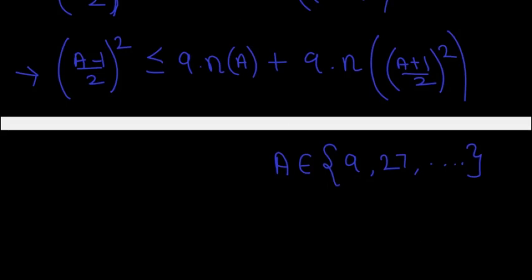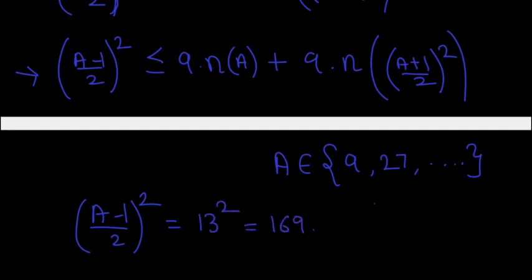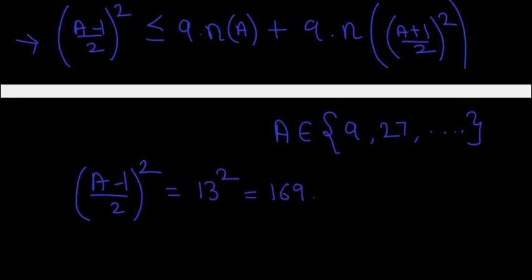This inequality holds for the case when a is equal to 9. So what happens when a is equal to 27? The left hand side becomes ((a minus 1)/2) whole squared, that is 27 minus 1 is 26, 26 by 2 is 13, 13 squared is 169. But on the right hand side we have n of 27, and 27 has 2 digits, so 2, plus 9 into n of ((a plus 1)/2) squared, which is 9 into n of 14 squared.